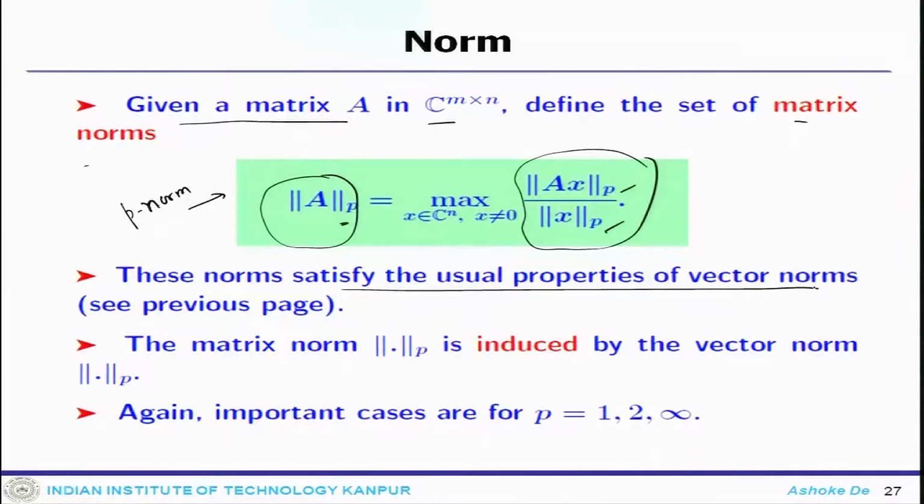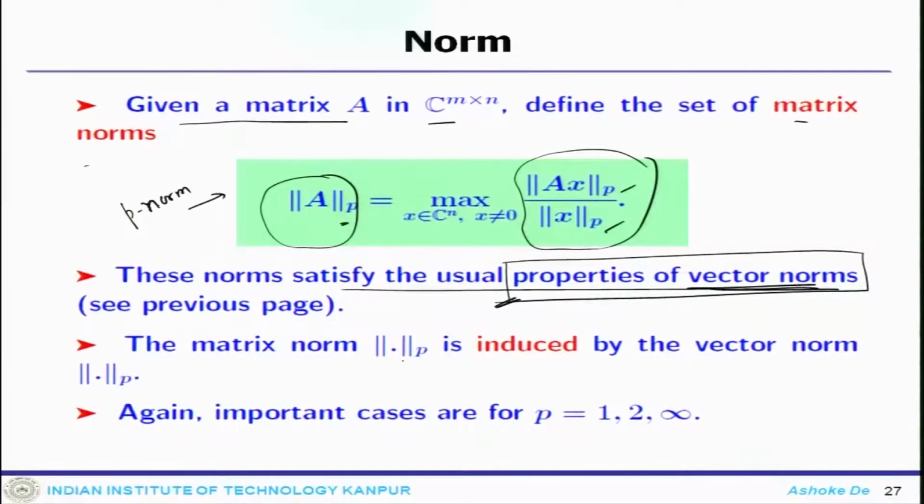That means what we have discussed for vector norms, they do satisfy, and that is one of the added advantages. Why does that happen? Again, a matrix is nothing but a combination of row vectors or column vectors, so it always satisfies the vector properties.